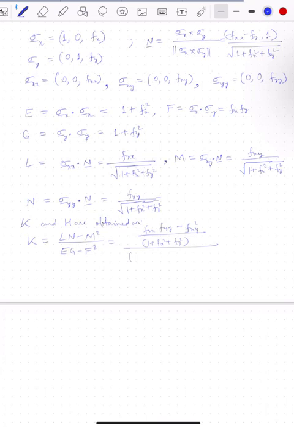E is 1 plus fx squared and G is 1 plus fy squared, minus fx squared fy squared.